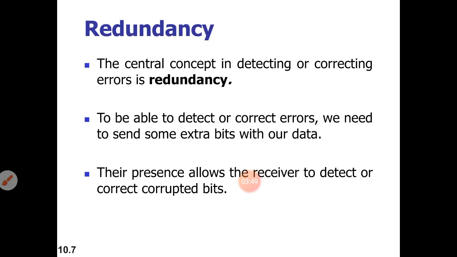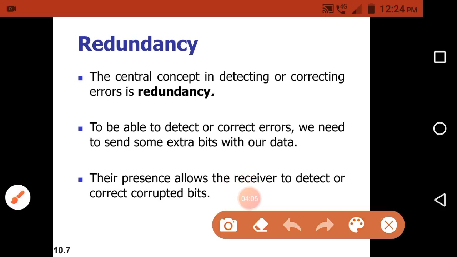And next we will discuss redundancy. What does redundancy mean here? The central concept is that redundancy is used for detecting and correcting errors. So redundancy is one type of approach we use for detecting and correcting the errors. To be able to detect and correct errors, we need to send some extra bits with our data.